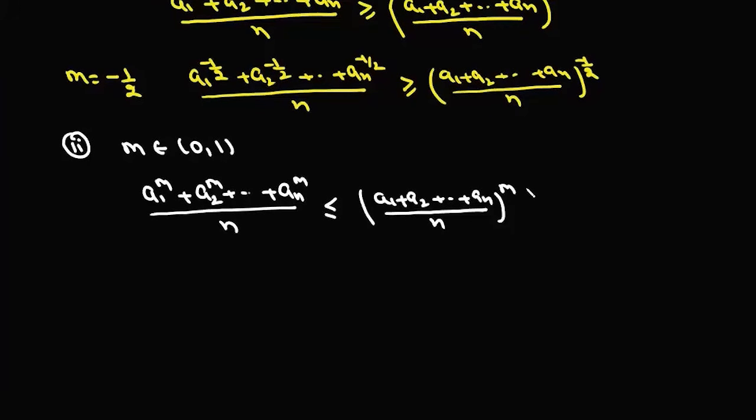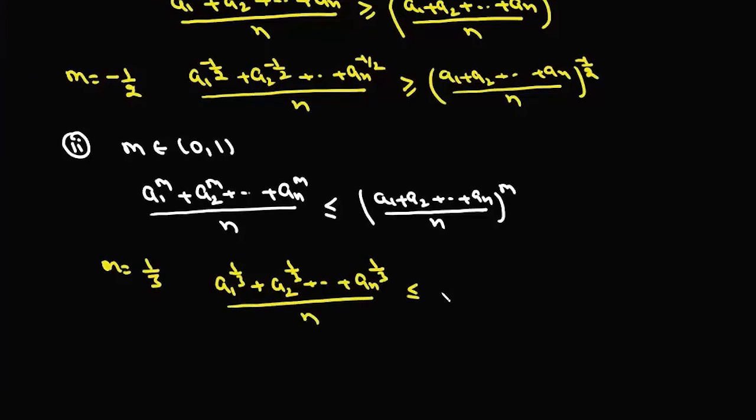So if m lies between 0 and 1, then the sign of this inequality changes. So if we take an example, suppose we consider m as 1 by 3, we can write (a1 to the power 1 by 3 plus a2 to the power 1 by 3 up to an to the power 1 by 3) whole divided by n will be less than or equal to (a1 plus a2 up to an) by n whole to the power 1 by 3.